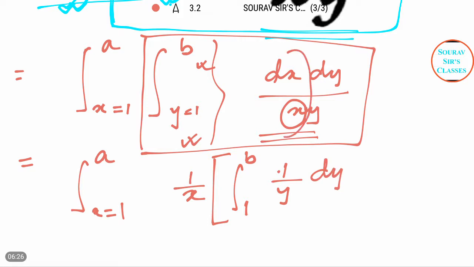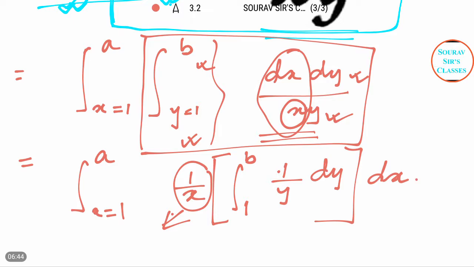So with respect to dx, we have taken this 1 by x common, and then with respect to dy, we have integrated this part, that is 1 by y dy. Now this into dx.